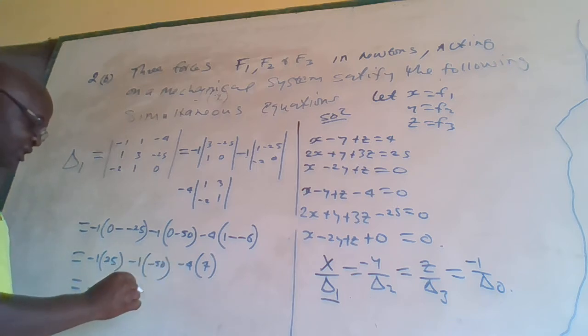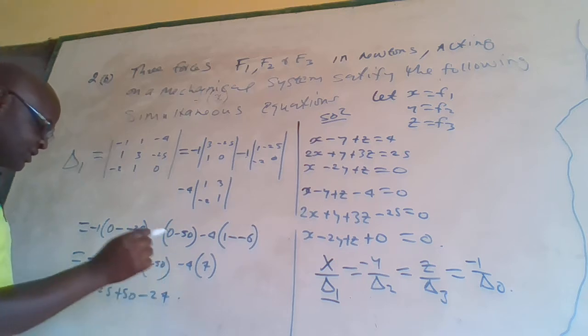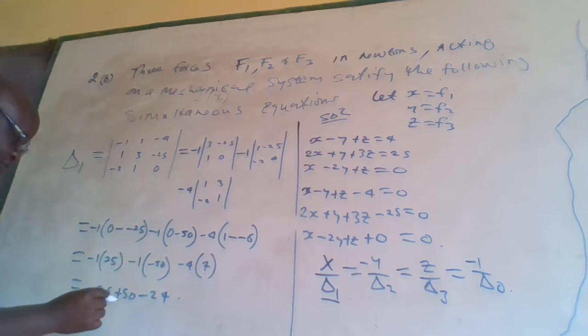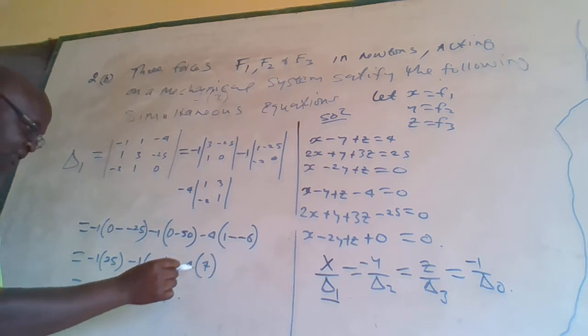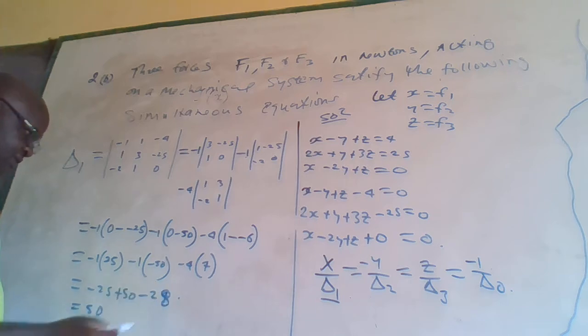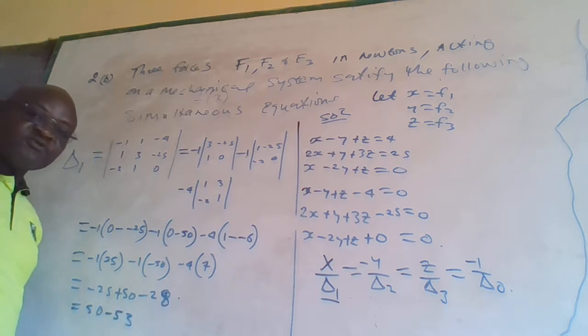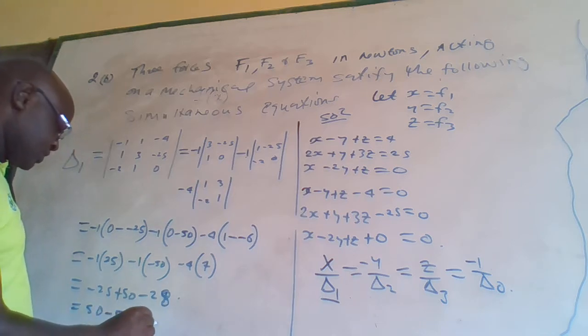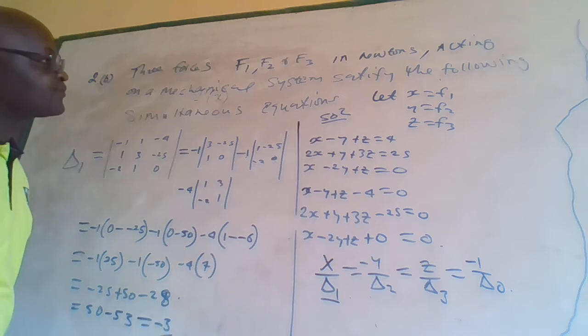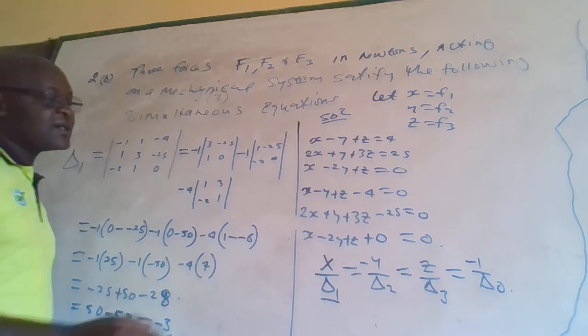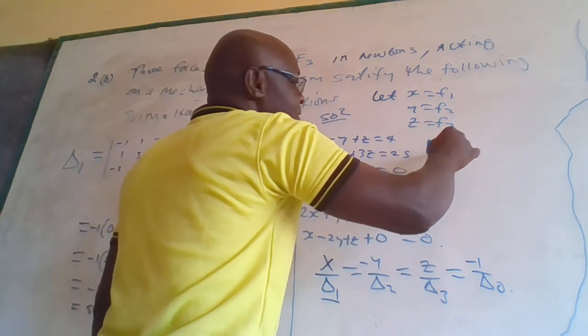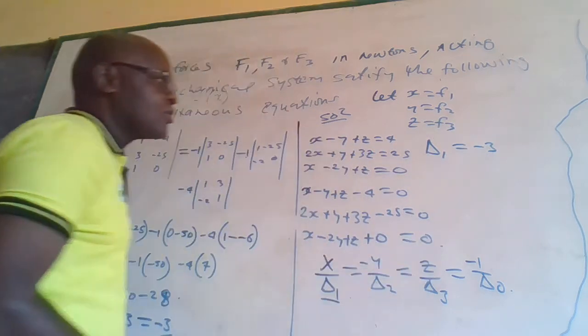Then we have negative 20, negative 27 ... so this equals 50 minus, this is 28, negative 4 times 7. Therefore, we have 50 and negative 25 plus negative 28, we get negative 53. Therefore, this equals negative 3. So what we are saying is that del 1 equals negative 3.